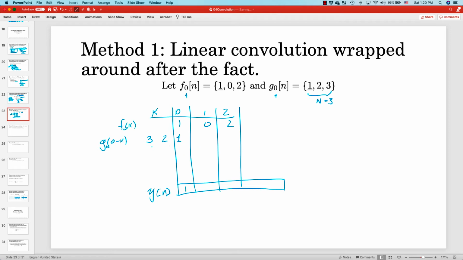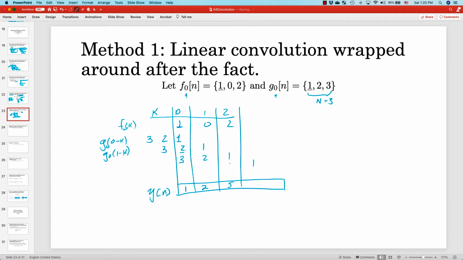And then we can shift this over, so we get 1, 2, 3. So this is g naught of 1 minus k. So this will go in the n equals 1 box down here, where we're looking at 1 times 2, 0 times 1, so it's 2. And then we'll shift again, 1, 2, 3, right to left. And so now we're looking at 3 plus 2 is 5.